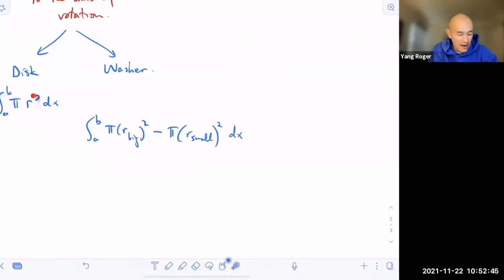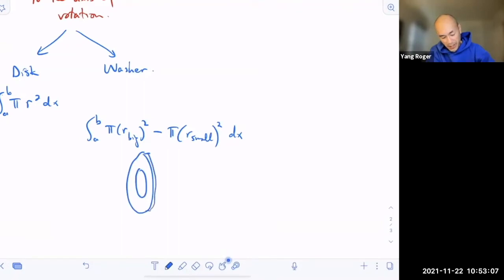This is really just the area of a circle times a little bit of thickness, and then you add up all those discs together. For the washer, it's the area of a big circle minus the area of a small circle, so you get a little washer, and then you add up the volumes of all the washers together.